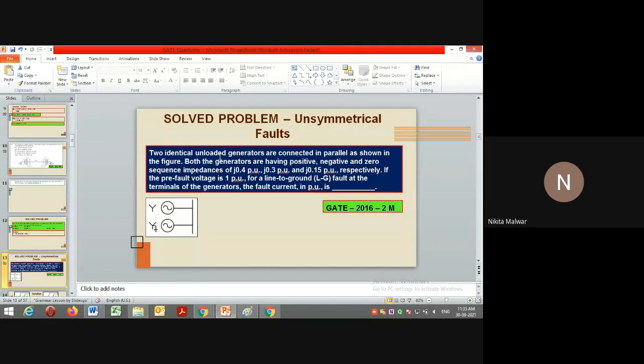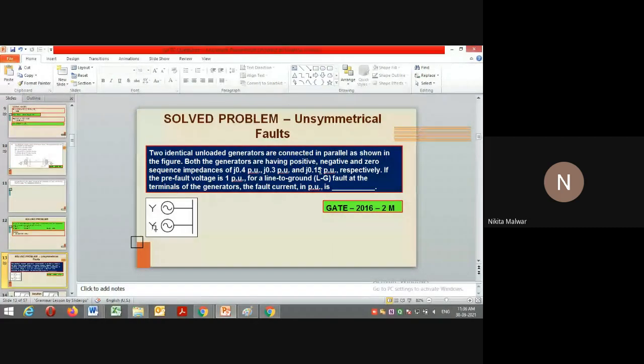Let us try to draw the positive sequence diagram, negative sequence diagram and zero sequence diagram, finding the values for positive, negative and zero sequence reactances by considering all these connections given as star and star with ground. So in the question, you may find the given values for positive, negative and zero. What are the values? J 0.4 is for the positive value, J 0.3 is for the negative value and J 0.15 is for the zero sequence value.